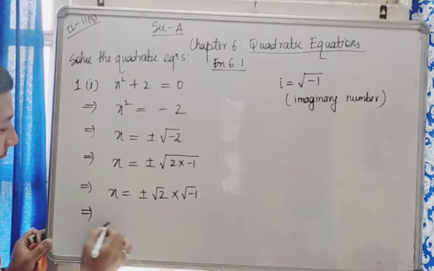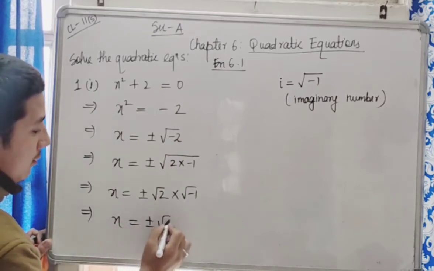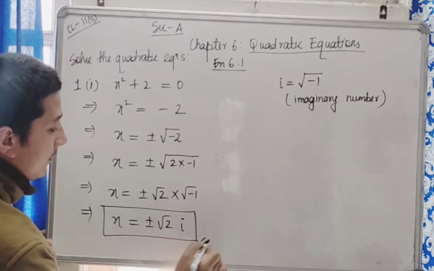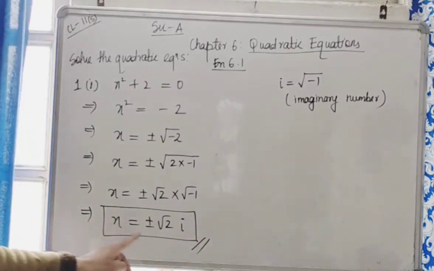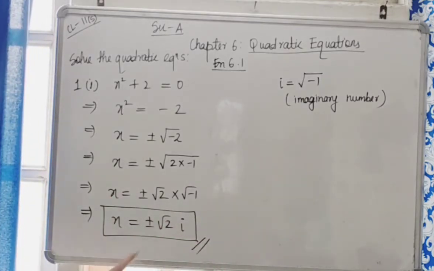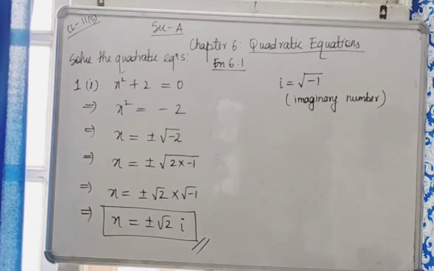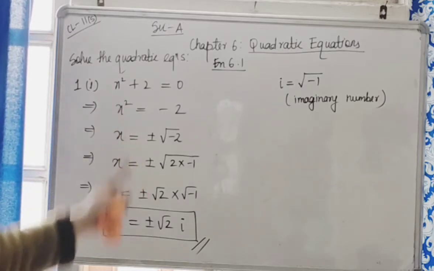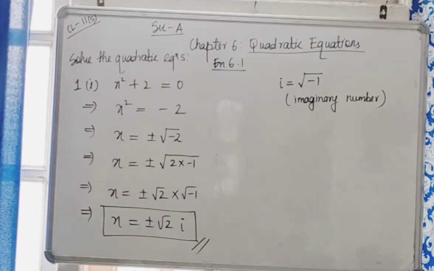Root minus 1 is equal to i. So I get two values of x: one is plus root 2i and the other is minus root 2i, and these are the answers for this quadratic equation. I hope you are clear with this. Please pause the video and note it down.